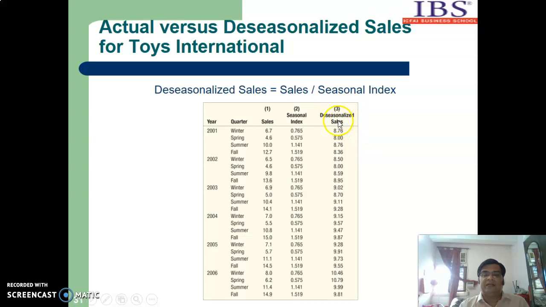So the deseasonalized sales is 8.76. If you see the third column, we have got all the deseasonalized sales. So in column 1 we have the original sales data, and in column 3 we have the deseasonalized sales.